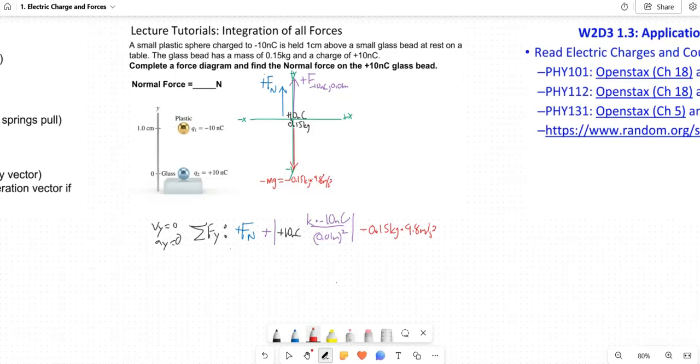It is just a number. The negative comes from the direction of that vector, so that's why I put the negative in front of this. Now this is going to equal the mass of the object, which we know is 0.15 kilograms, times the acceleration in the y direction, which we know is 0. So this is going to be equal to 0.